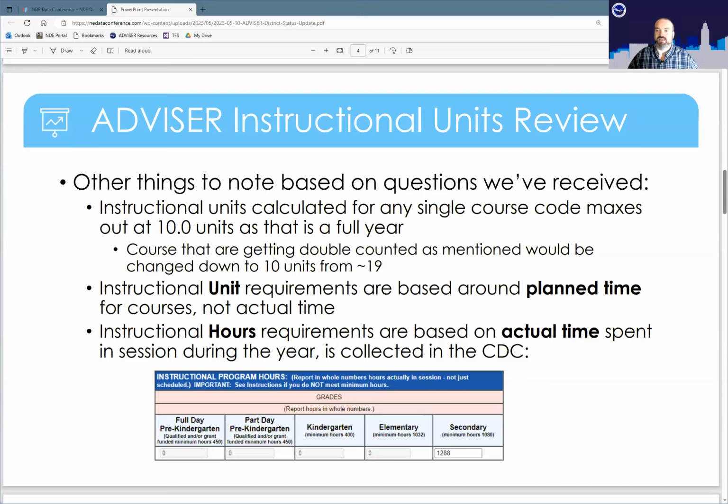That is something that could maybe be done, but instructional units are, you know, we're collecting a different amount of minutes for each course, but that doesn't necessarily tell us how long your actual school day is. Instructional hours are really about your overall school day, how many hours that school is in session.